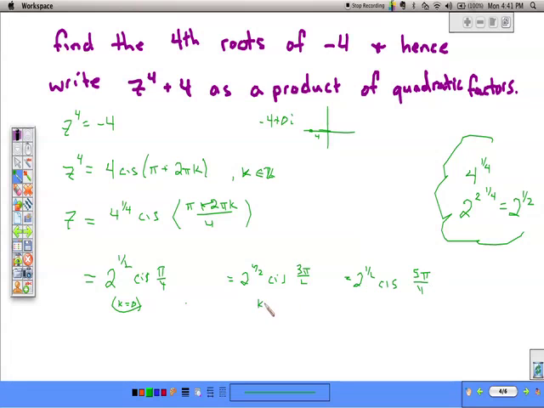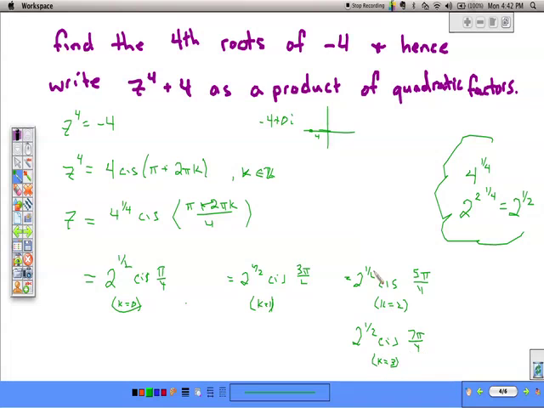And these are for k equals 1, k equals 2. And finally, we could also have the square root of 2 cis 7 pi over 4. That's for k equals 3.